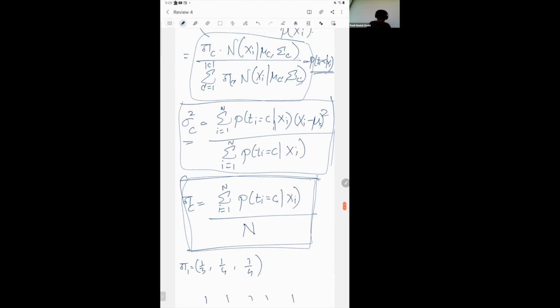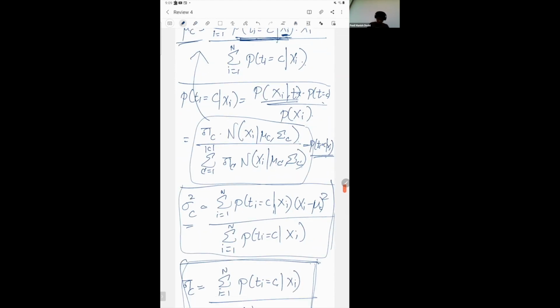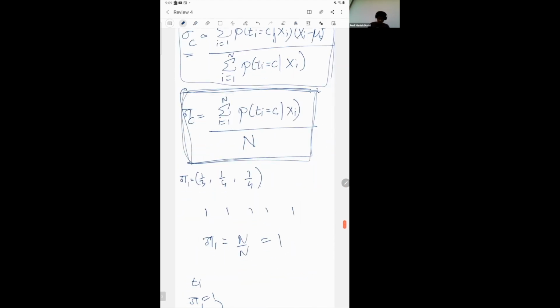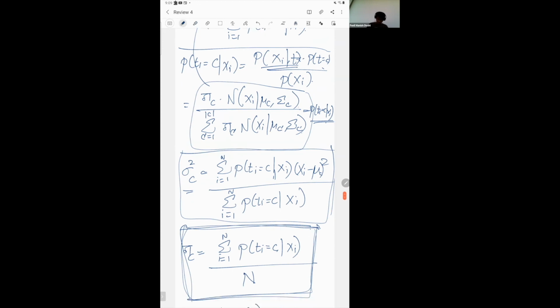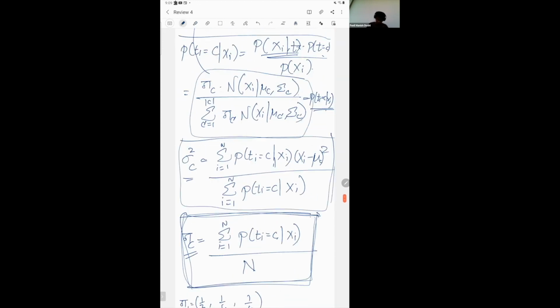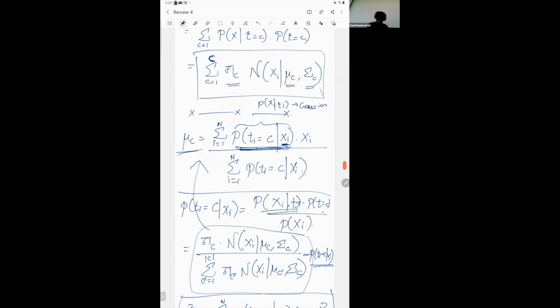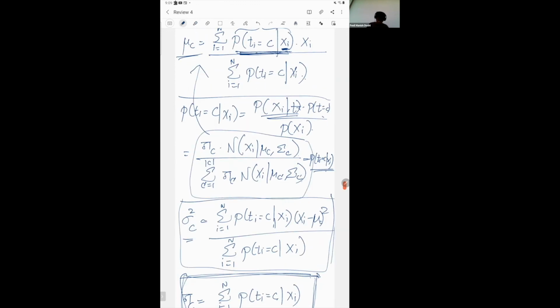So first, if you find pi c for all of your data, then using this pi c, you would find mu c and sigma square c.